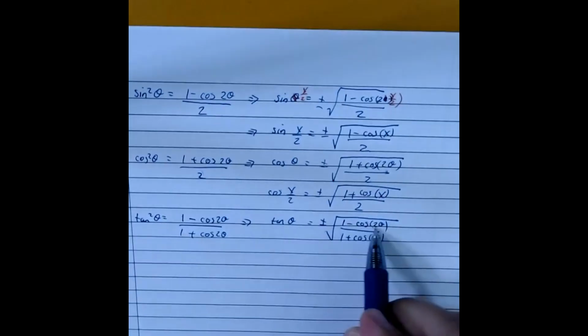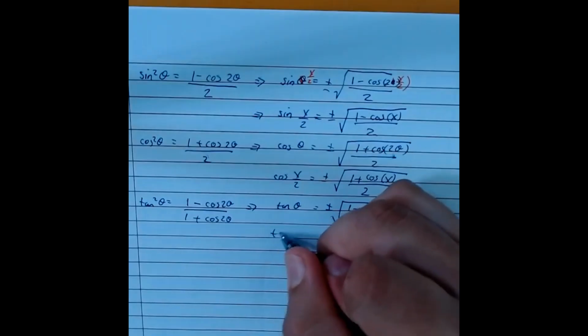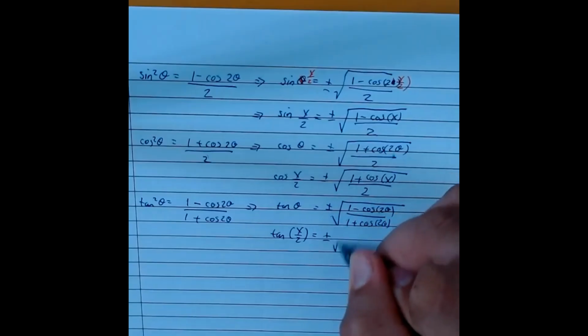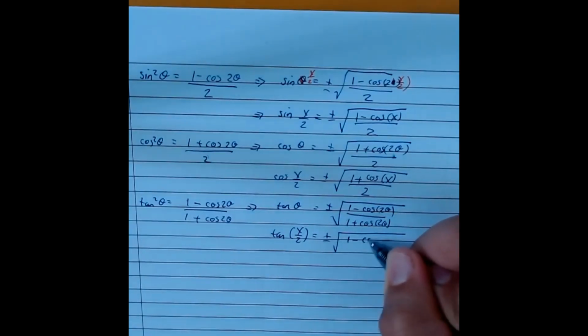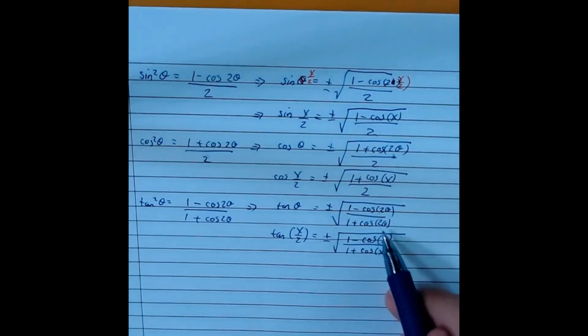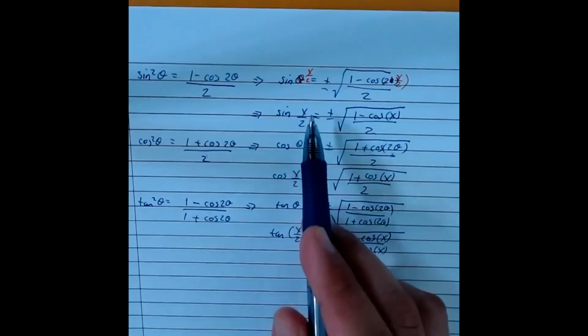And again, if I replace the thetas with x over 2, this will give me tangent of x over 2 is equal to plus or minus the square root of 1 minus the cosine of x over 1 plus the cosine of x. Because again, the x over 2 will double, the 2's will cancel, leaving you just your x. So these are the so-called half angle formulas.